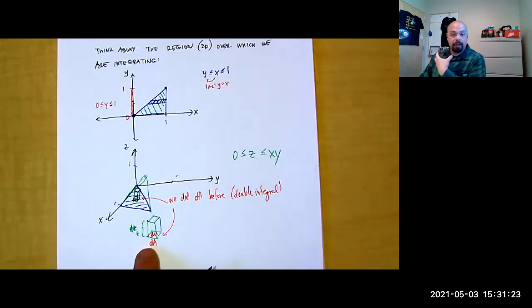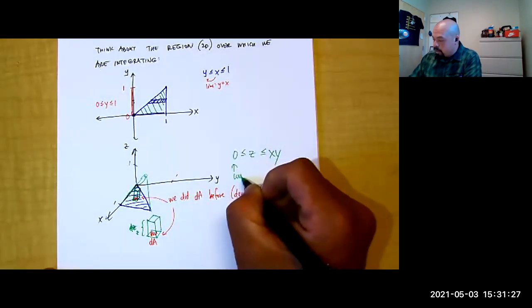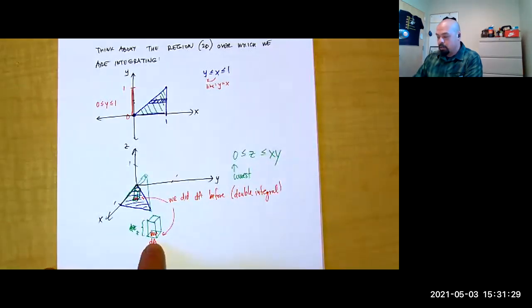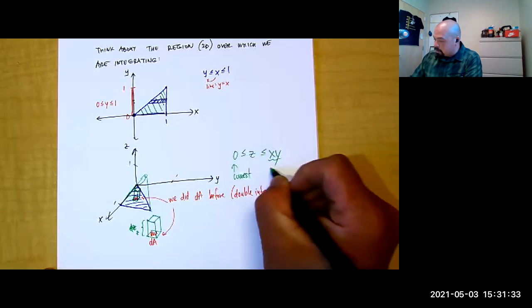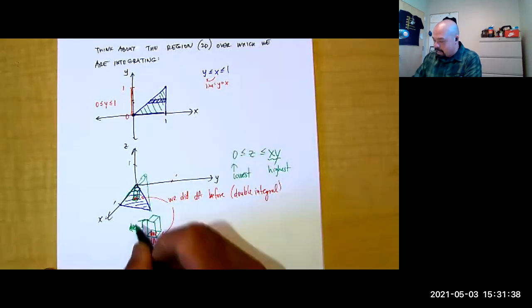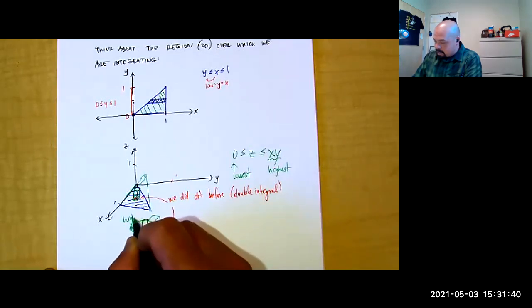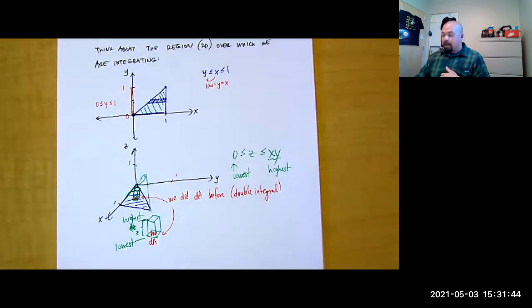We're going to say that the lowest z is 0, starting from that xy plane, and this is our highest, our upper. That's going to give us the height of that column.